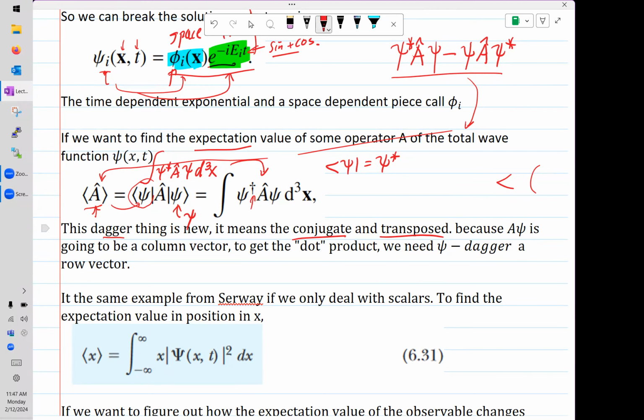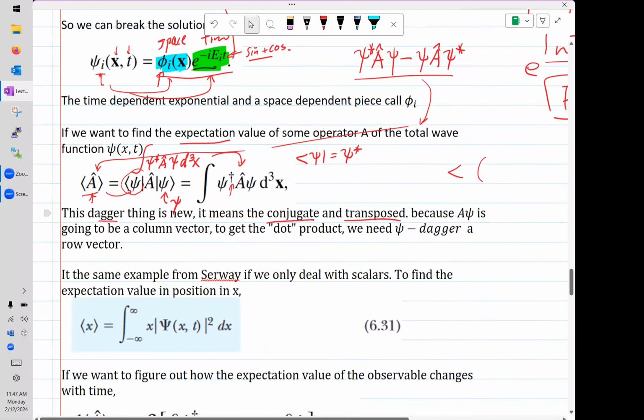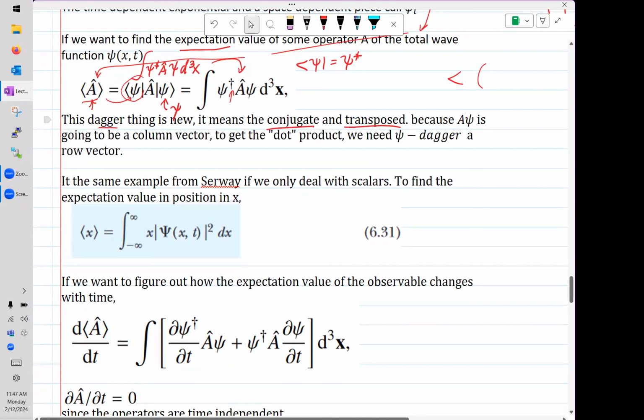All right, so how are we doing this? In the example, I'm going to take an example from Survey. We're going to use just the scalar version. Remember this psi star psi? That's the same thing as taking the square of the wave function, because in general it's a complex number.